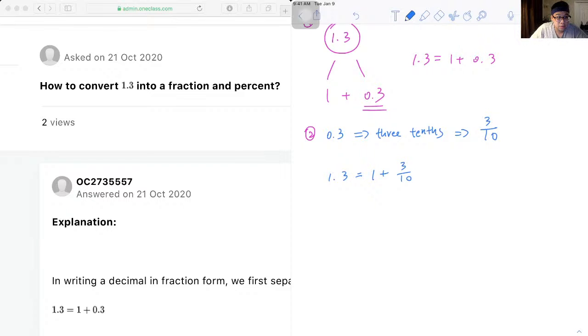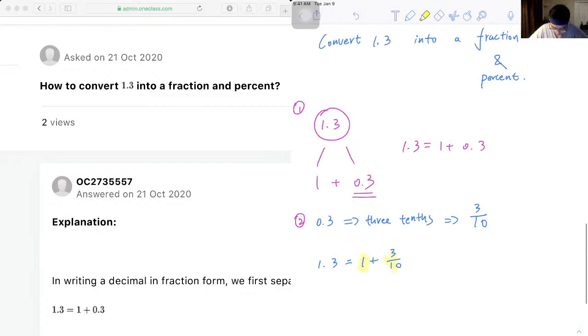Okay, so now we only need to deal with the one part, because the other part is already a fraction.